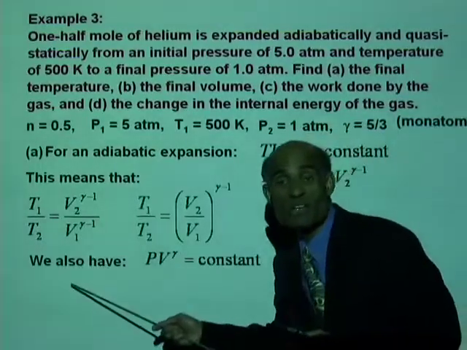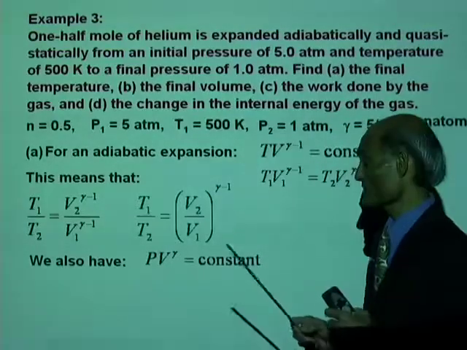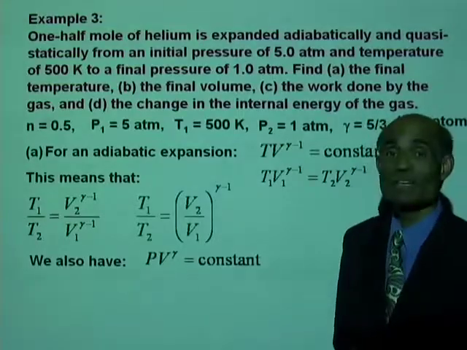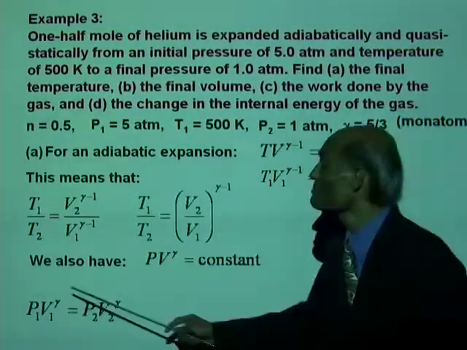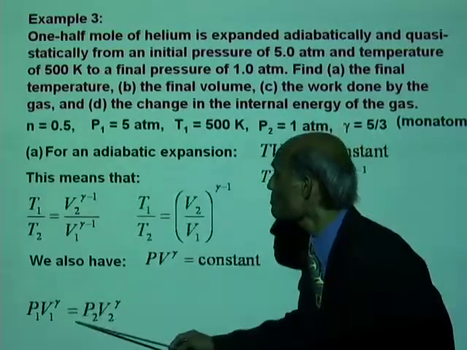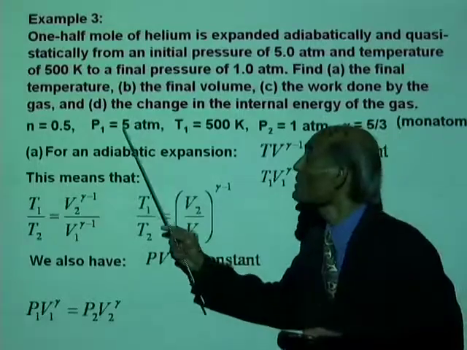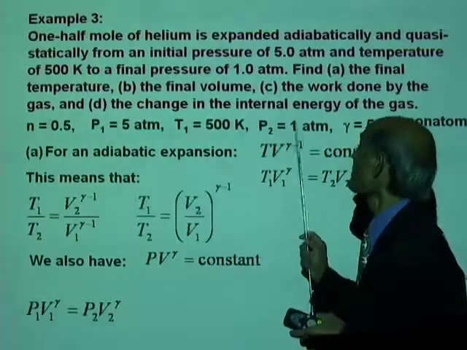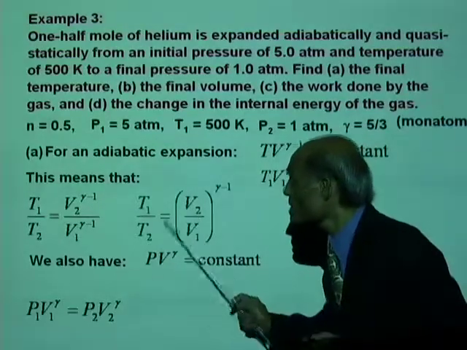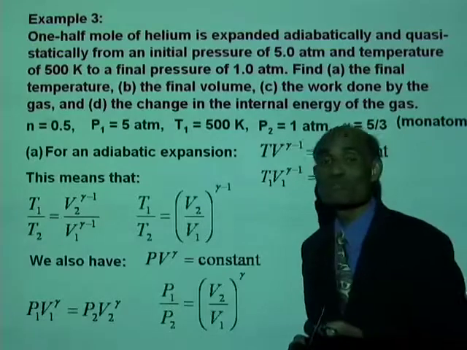Now we take the second equation for adiabatic process, and that is P V to the power of gamma is a constant. That means P1 V1 to the power of gamma equal to P2 V2 to the power of gamma. And if you notice, we have P1, we have P2, therefore we can obtain a similar relation here also. What is P1 over P2 equal to?